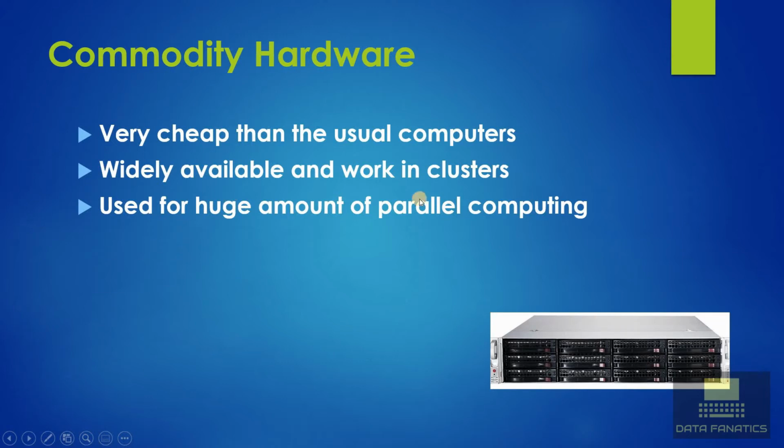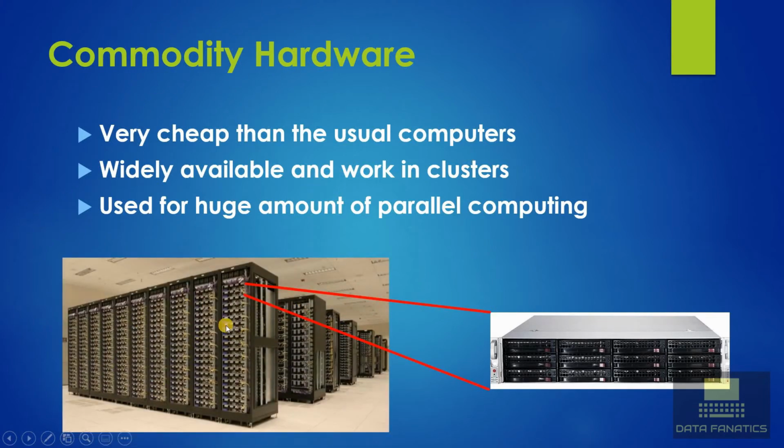Another thing we are talking about is that they work in clusters. Now, this is how they work in the real world, in huge clusters, in huge racks, and therefore they are used for huge amounts of parallel computing. If we want to increase our parallel computing, then we just need to add another cluster of these commodity hardwares. Here we are not talking about a few GBs of data.